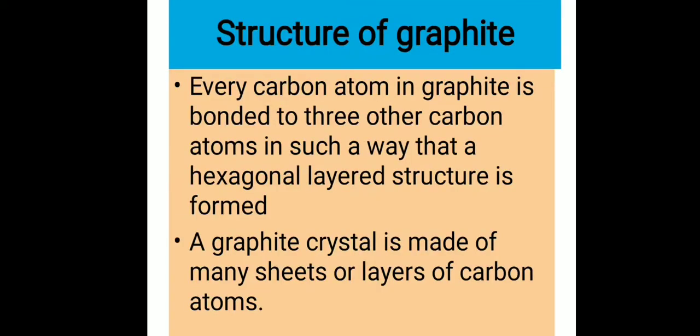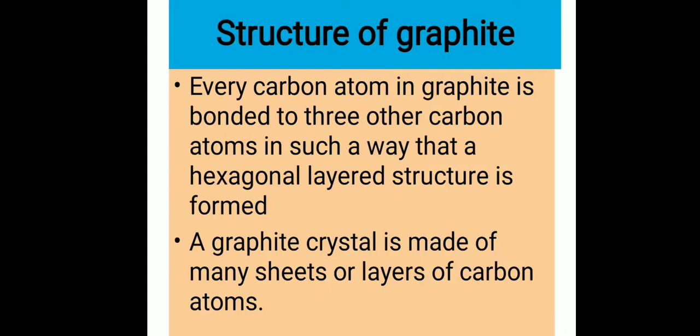Now, how is the structure of graphite? In graphite, every carbon atom is bonded to 3 other carbon atoms in such a way that a hexagonal structure is formed. It means that graphite has a hexagonal structure.